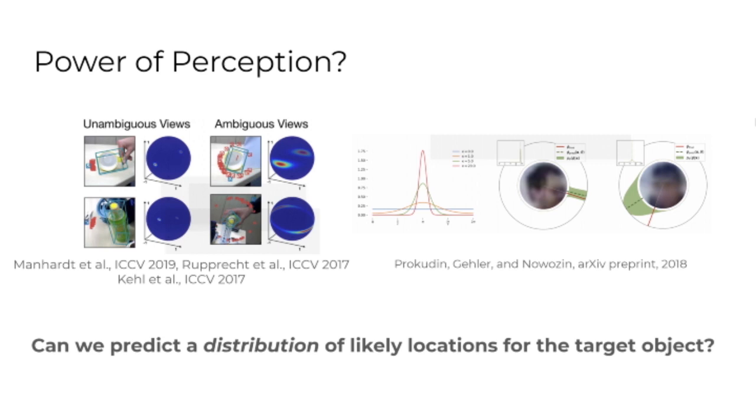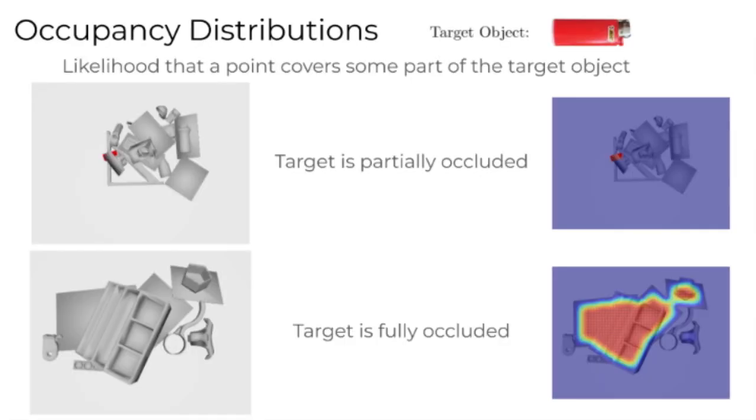Leveraging recent advances in object pose prediction and gaze prediction that predict distributions over object poses or gazes, we aim to instead predict an intermediate representation that encodes a distribution over target object positions in a heap of objects. We term these distributions occupancy distributions, since they represent the unnormalized likelihood of each pixel containing some part of the target object.